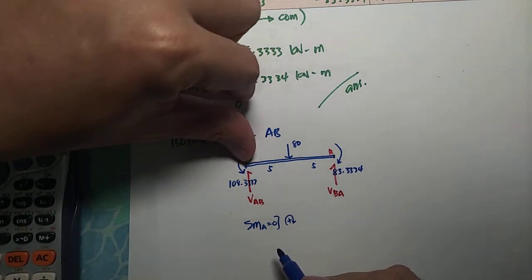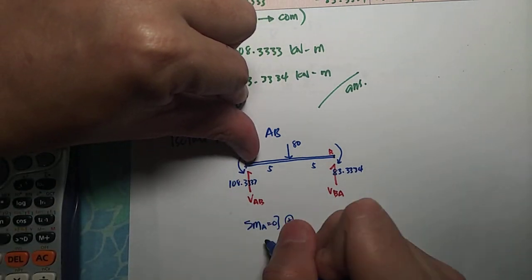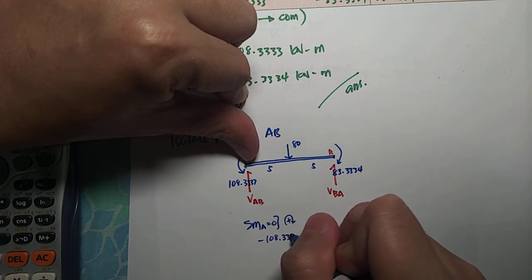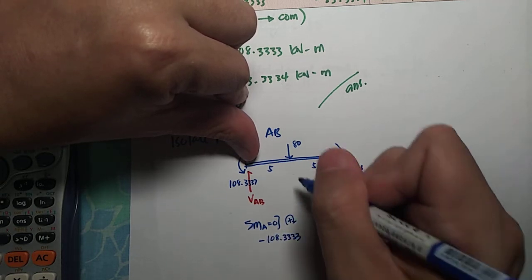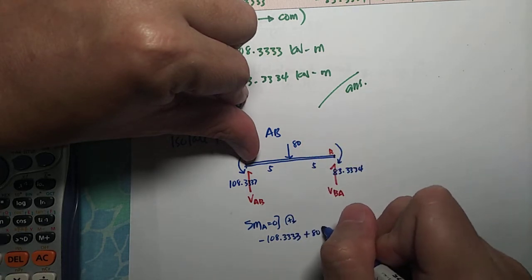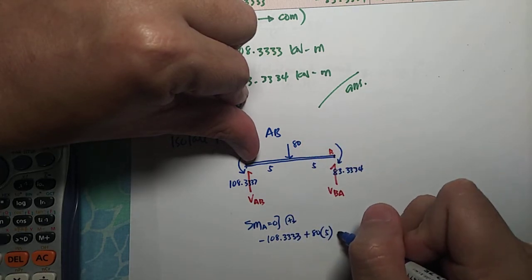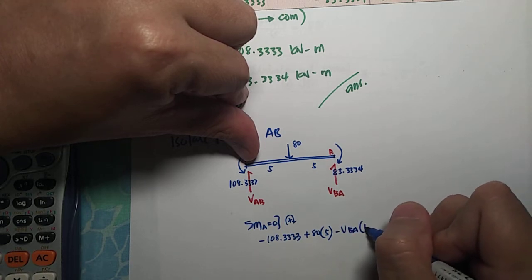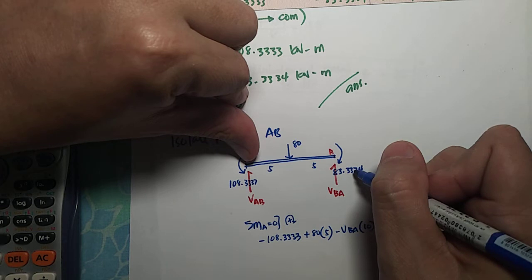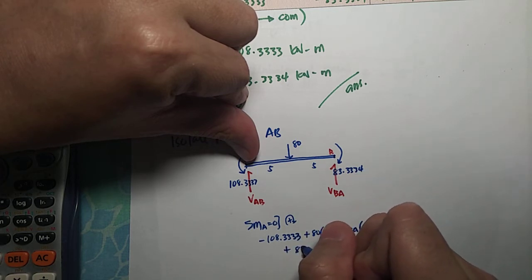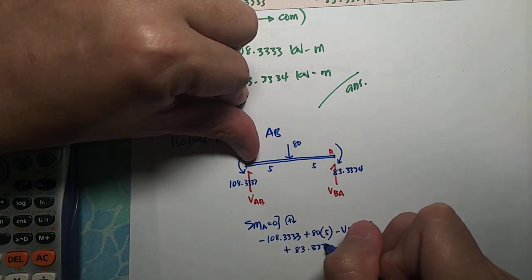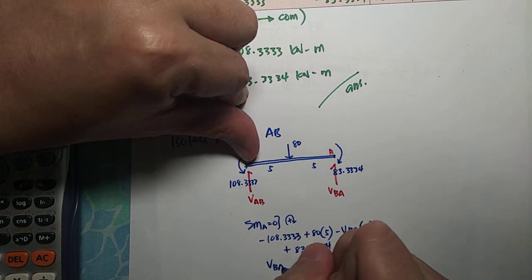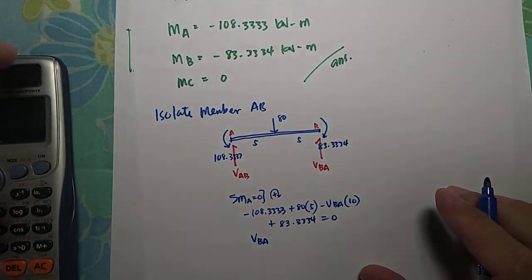So, ano mga natin? Say 108, so negative, counterclockwise eh. 108.33. Okay, yung 80 positive times 5. Okay, yung VA negative times 10. Tapos yung moment doon, positive 83. Wala na, equal to 0.